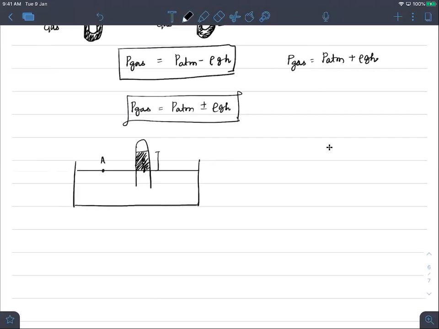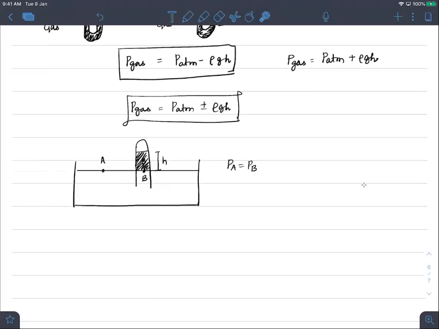And because of that liquid, it has been maintained at the height h. This is point B. See, the pressure acting at point A will always be equal to the pressure acting at point B because they are at mechanical equilibrium. Please understand that. That would become an important criterion.